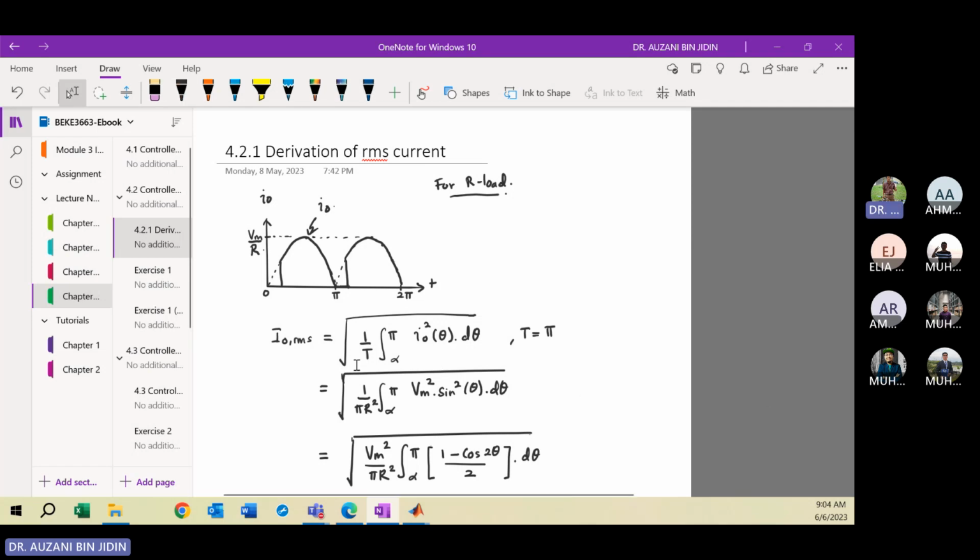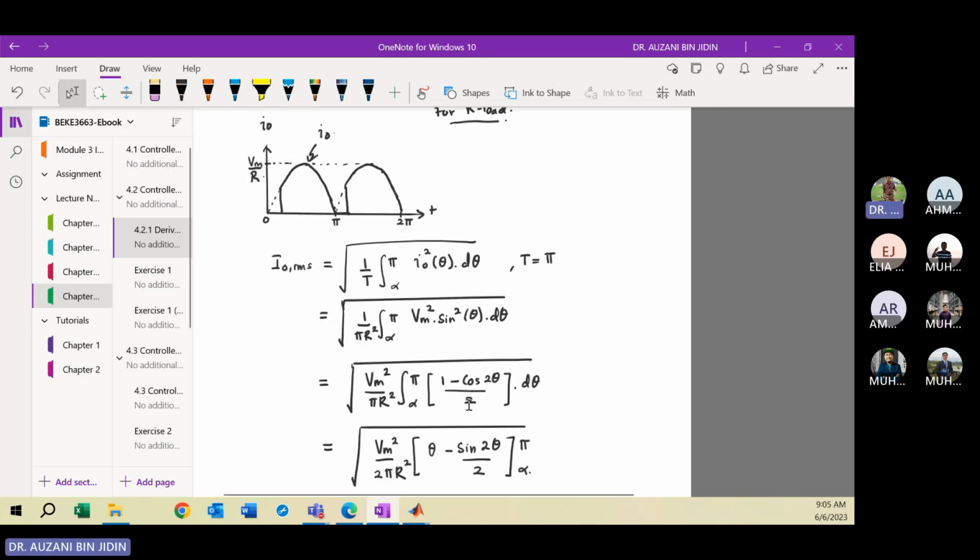To derive the RMS, you need to apply this equation. You take the square root of all this term, 1 divided by T, then you integrate from alpha to pi the current function IO with respect to theta.